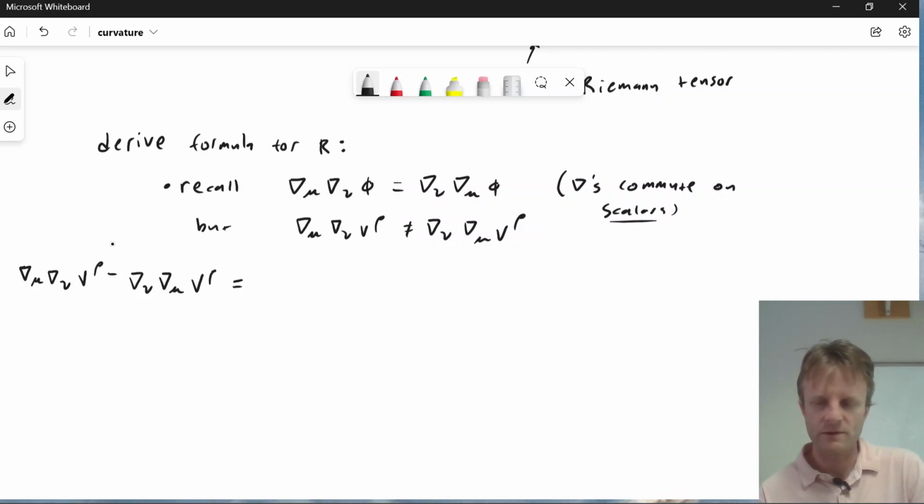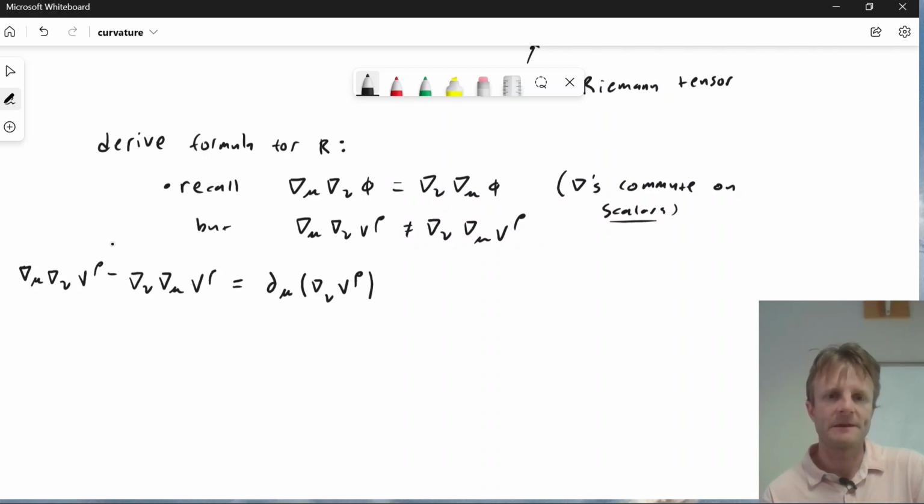So the first thing we do is we write partial mu of this tensor, del nu v rho. And then I'm working on the first term here. And then there's a Christoffel correction with one down and one up. So we're going to have 2 terms. First, the downstairs one, the Christoffel comes with a minus sign. The mu goes here.